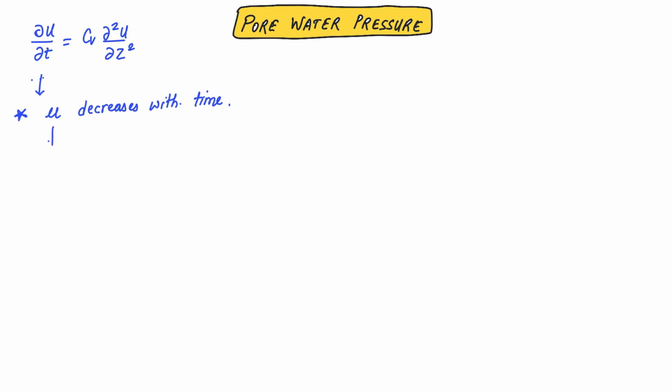So this decrease in the pore water pressure depends not only on the stress that is applied, it also depends upon the permeability, and it also depends upon the drainage conditions that are present in the soil.